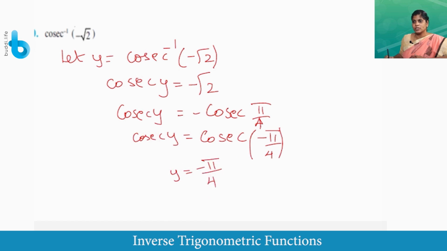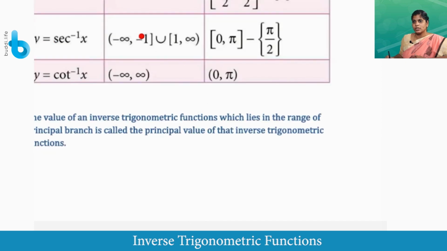Now we should check the principal value range. For cosecant it is minus pi by 2 comma pi by 2, that is a closed interval. If it is mentioned in the square bracket, it is a closed interval. Minus pi by 2 comma pi by 2, excluding 0. Actually within this interval 0 is included, but the range will not include the value 0 alone.